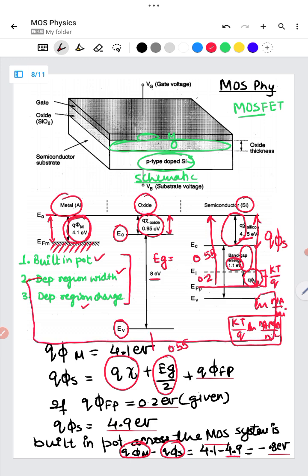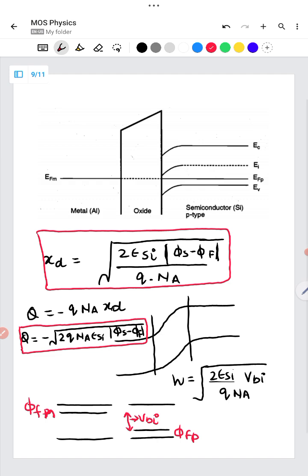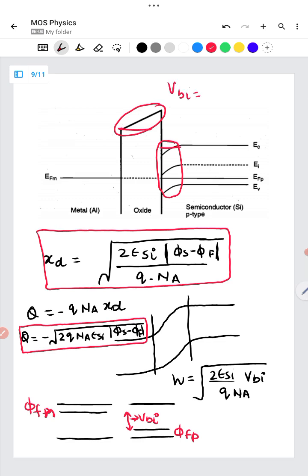When you apply the external voltage equal to 0.8 volt, the bending of the energy band near the surface becomes flat, which we can see in the next slide. This bending occurs here and here. When you apply the voltage equal to the built-in potential, these become flat. So we also call the VBI the flat band voltage.